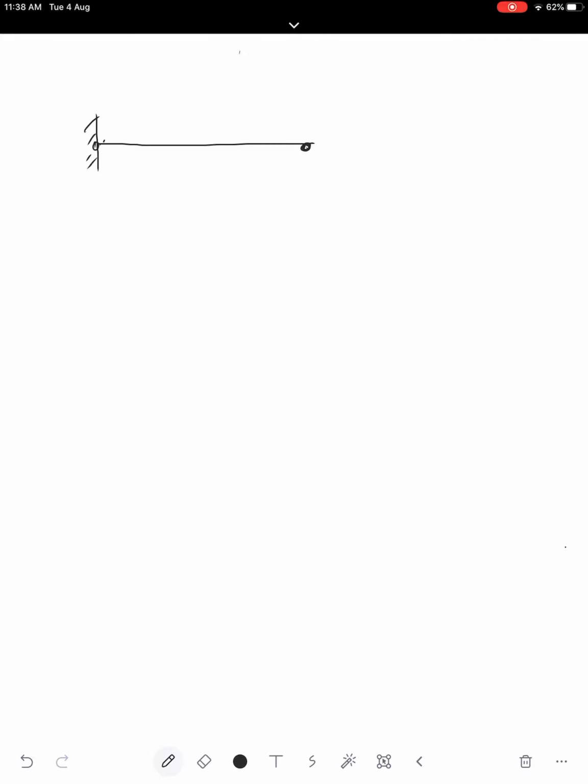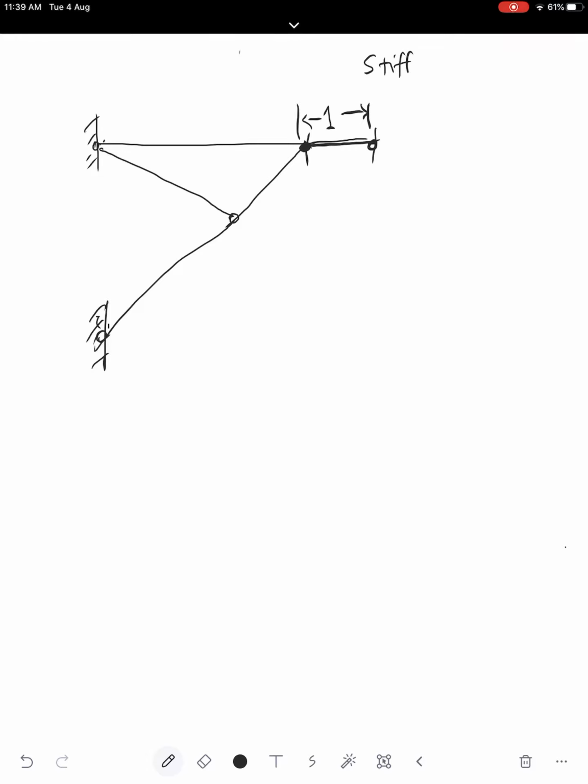This joint, you are pulling this joint. Not pulling it, you are allowing this joint to displace at value 1. Now we are generating stiffness coefficients. So if you are pulling this joint, our shape will become like this.